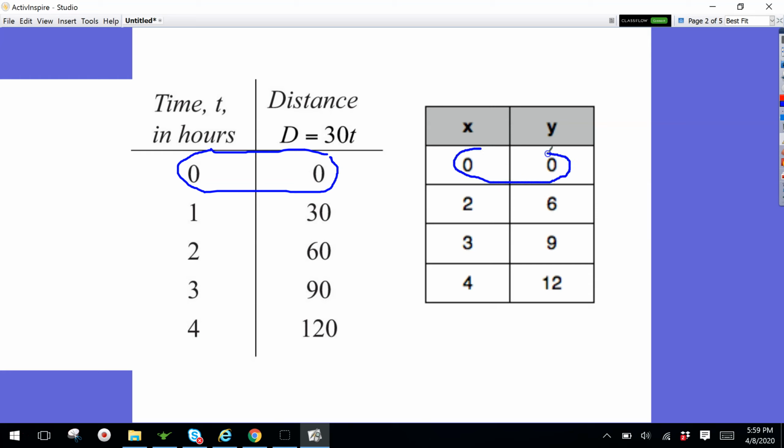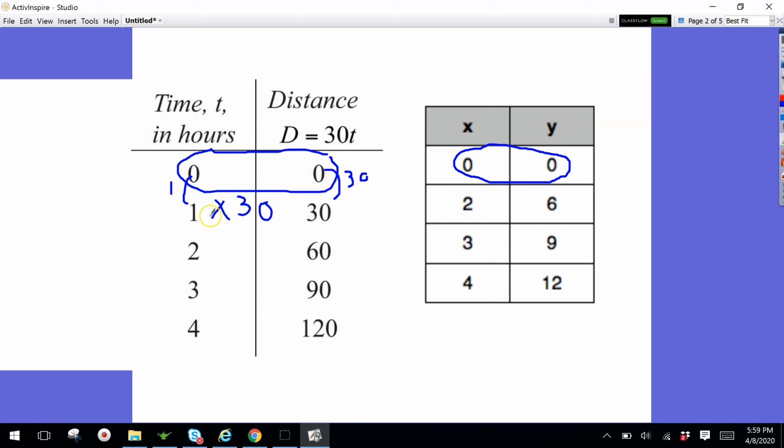Because of this, if we notice here, our slope is 30 over 1. Well, this is my constant of variation. In order to get from t to d, all I have to do is multiply by 30. There's no addition here with the y-intercept.